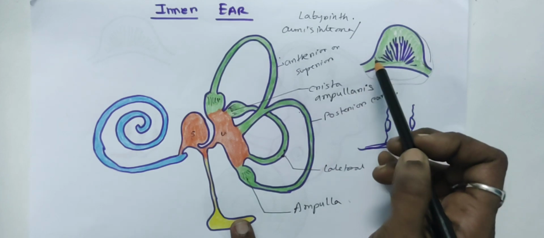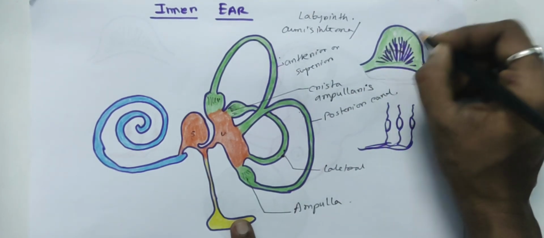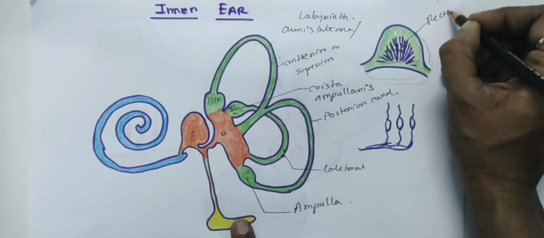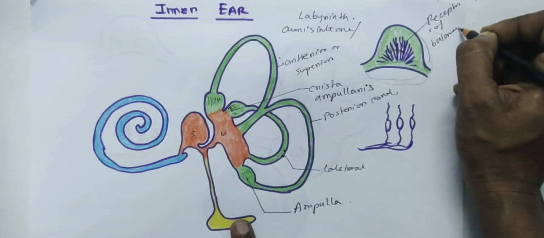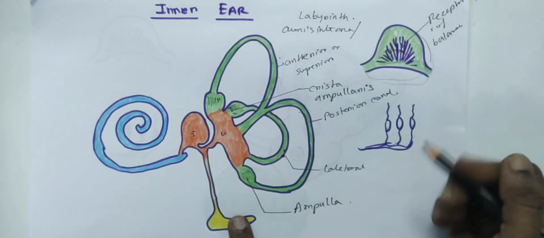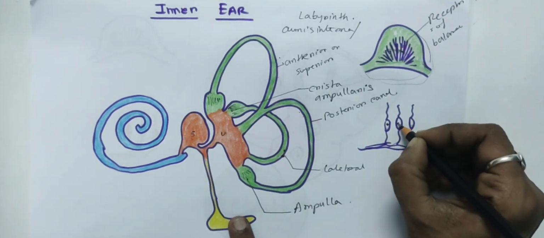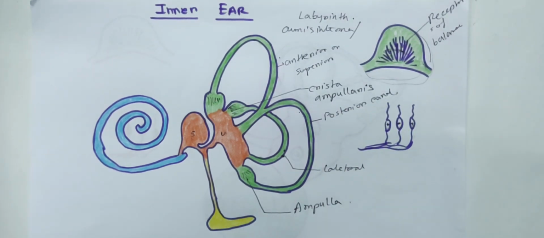At the base, these are the receptors of balance. Actually, they have hair cells. They receive the signals. They look like that.